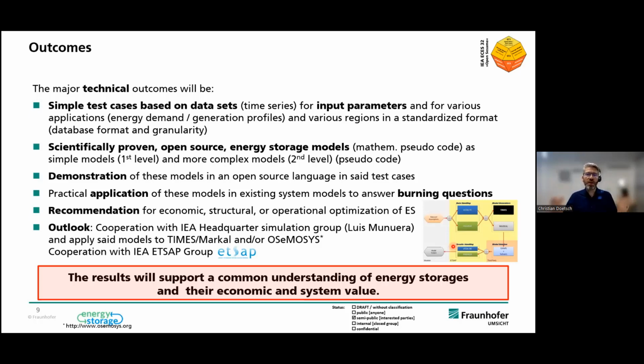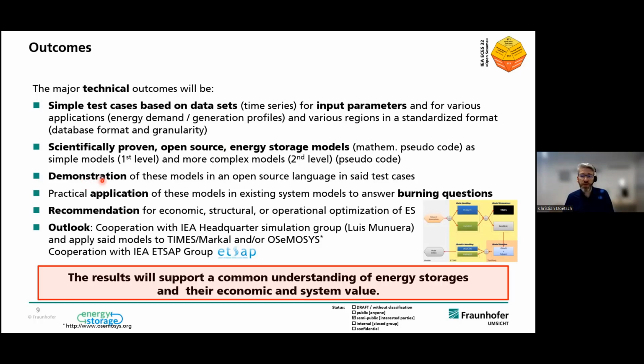So for different applications, we are looking for demand or generation profiles on the one hand, and on the other hand, what is coming from a windmill, from solar PV, or from a conventional power plant, to give you the chance to use these different models in this environment with data sets.